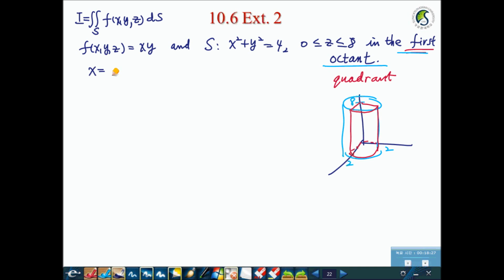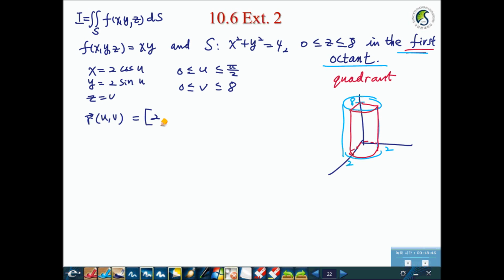For the cylinder, x is 2 cosine u, y is 2 sine u, z is v, so u is from 0 to pi over 2, v is from 0 to 8. And r of uv is 2 cosine u, 2 sine u, comma v.